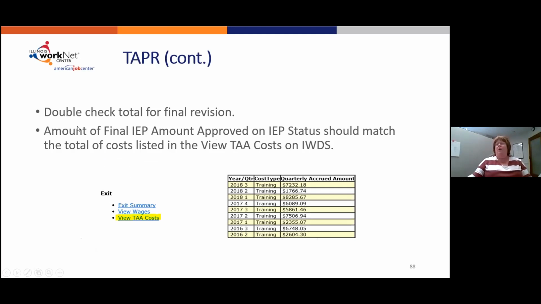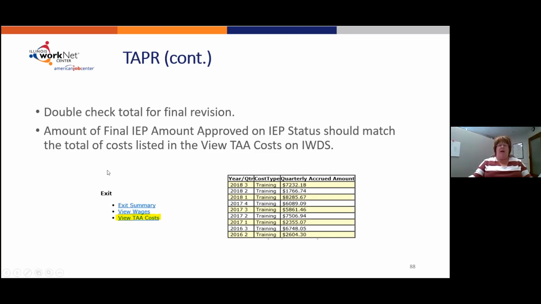And when you're doing a final cost revision for a participant, please double check this view TAA costs information total here, it's under your exit information on the main application menu. Make sure this total matches what the IEP amount approved is on the IEP status, and your email, and this total here.